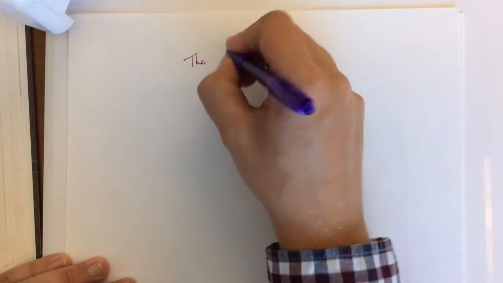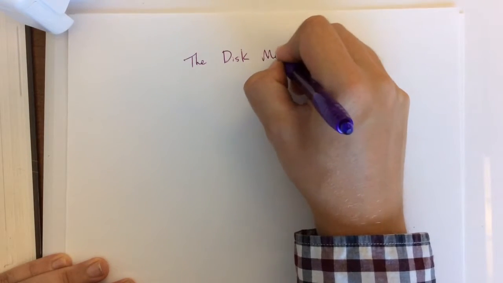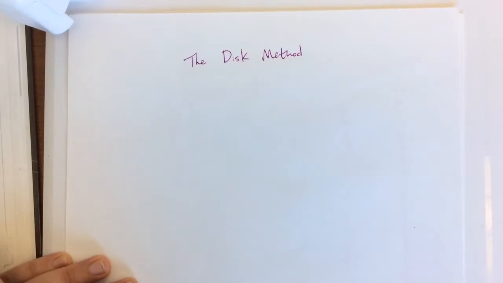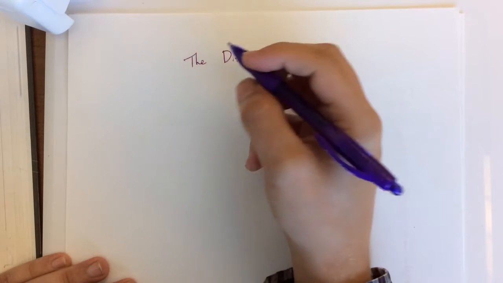So let's talk about the disk method again first. Remember, the disk method and the shell method were two methods for finding the volume of a solid of revolution.